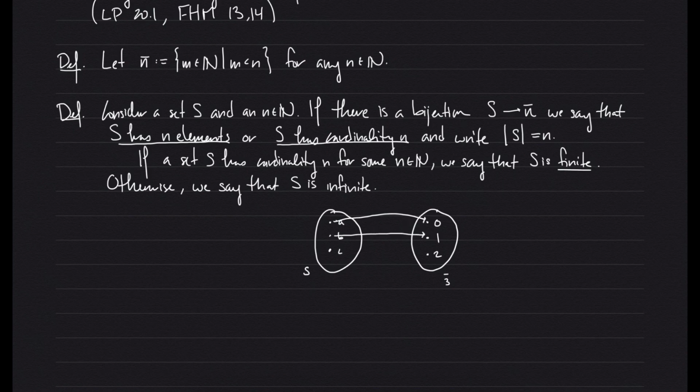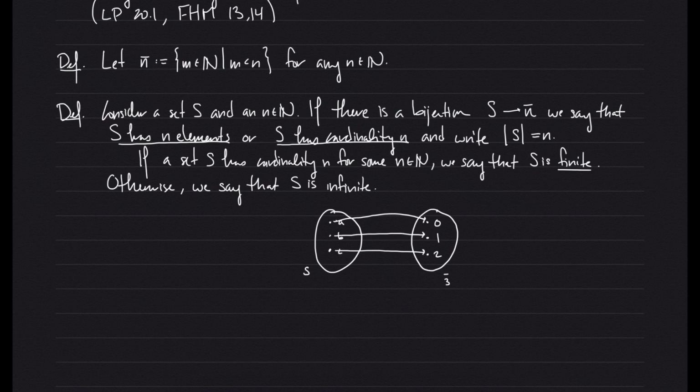So this forces a situation where each element in S goes to exactly 1 element in 3 bar, and every element in 3 bar is paired with an element of S. A bijection you can think of as a way to match up the elements of S with the elements of 3 bar, so that there's a 1-to-1 correspondence between them, and they must have the same cardinality.